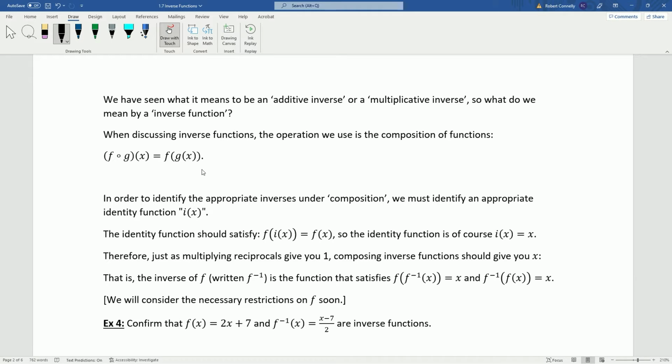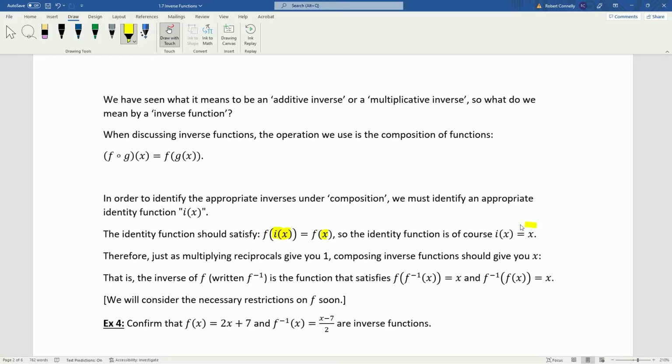So in order to identify the appropriate inverses under composition, we have to know what an appropriate identity function is. Well, we've mentioned this identity function in the past, but this gives us the second reason we call this the identity function, which is because when we compose I of x equals x, we get the same thing, right?